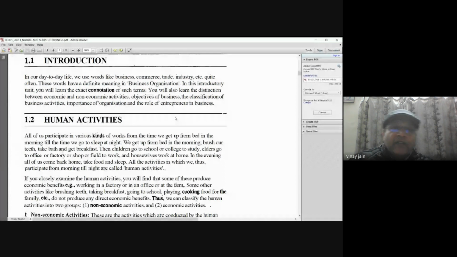This kind of entrepreneurship, the person who dares to take the risk of doing a business, must have such a skill. This skill is called entrepreneurial skill.